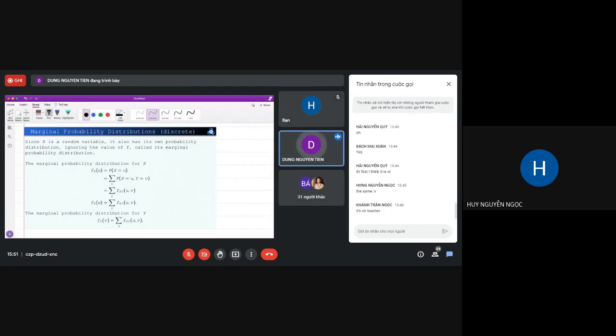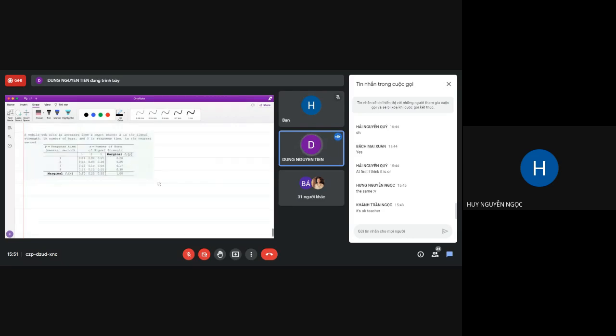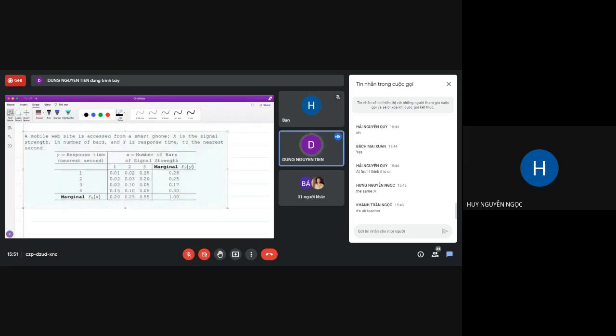All right. Now I can give you this one for the marginal distribution. A mobile website is accessed from a smartphone. X is the signal strength, and Y is the response time. Again, we just go back to the problem we mentioned before, and we come up with the last row and the last column.